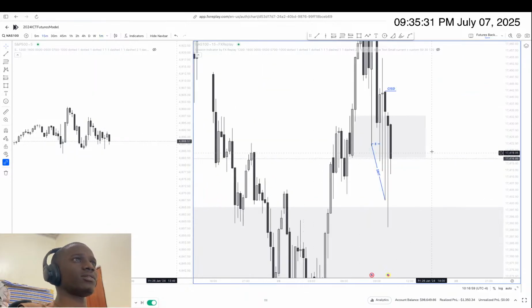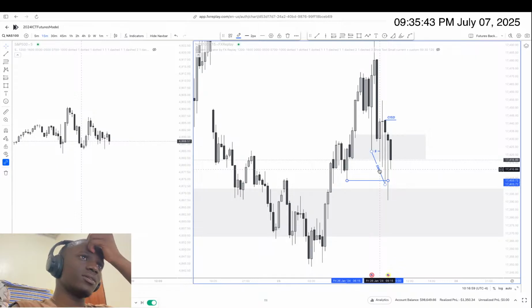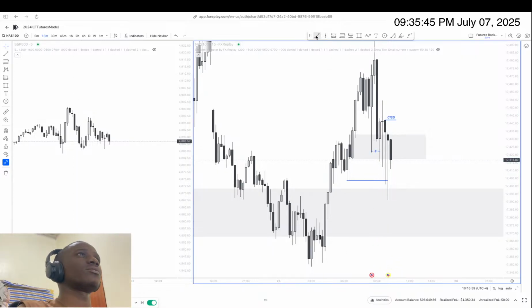Before we do that, we disrespected this order block, have we? No, we haven't. And on the 15 minute, we also had another bigger sweep to go to this low. So we had this sweep again. We have another sweep on the higher time frame.